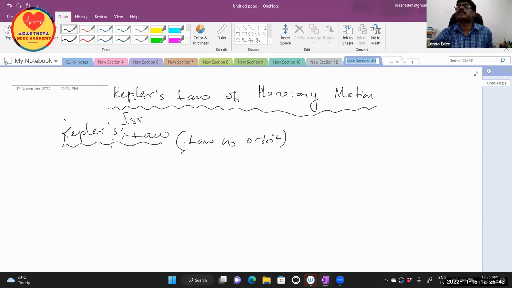This law states that every planet revolves around the sun when the sun is placed at any one of the foci. That is the first law. Take down this.